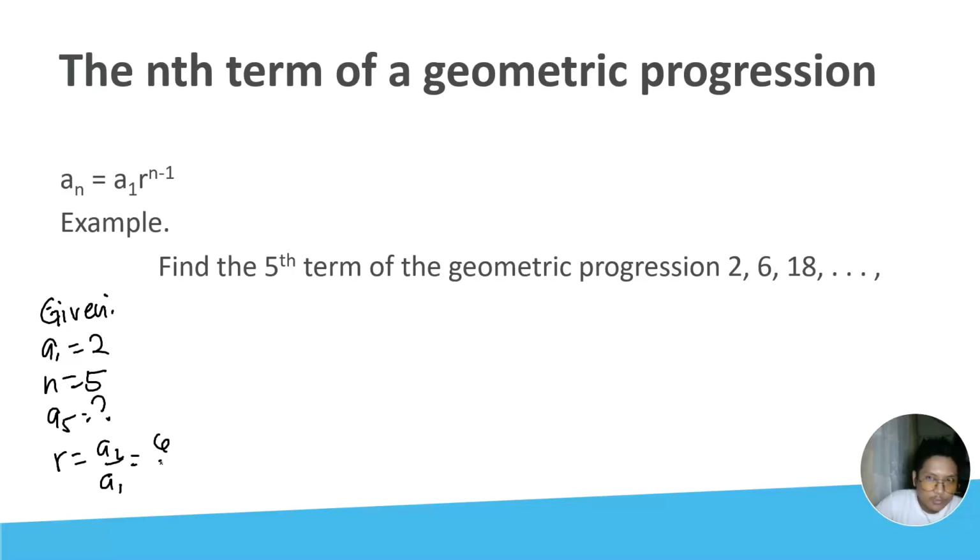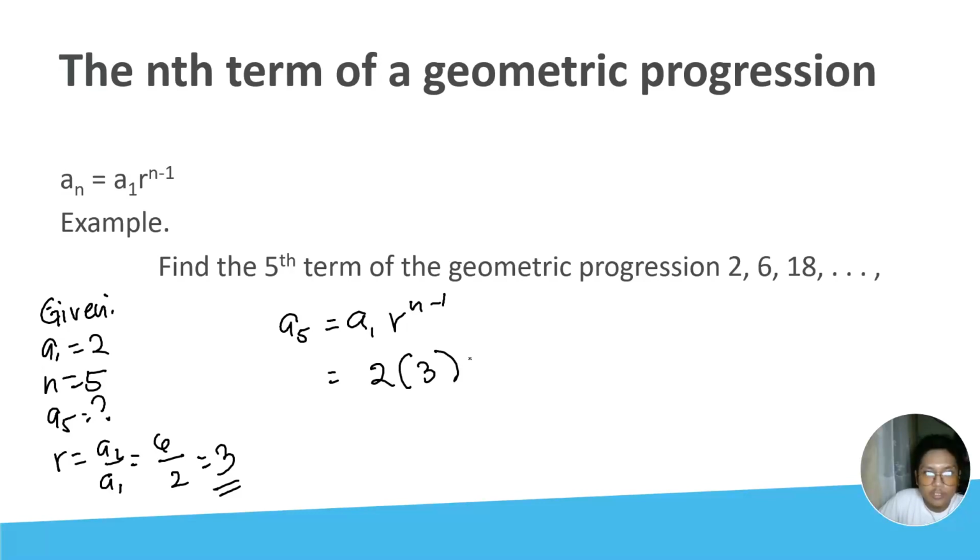So, 6 over 2 is 3. That's the common ratio. To find the nth term or the fifth term, a sub 1 times r raised to n minus 1. a sub 1 is 2, r is 3 raised to 5 minus 1. So, 2 times 3 raised to 4.